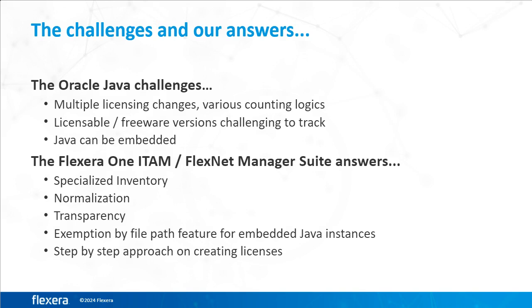Then the normalization, translating into what's commercially relevant and what's not, transparency, and sure, the answer for the Java embedded question, which is the exemption by file path, and then also a step-by-step approach on creating licenses. Again, some of the topics were covered in last year's session in May, but it's worth providing an update and going through the complete chain again.